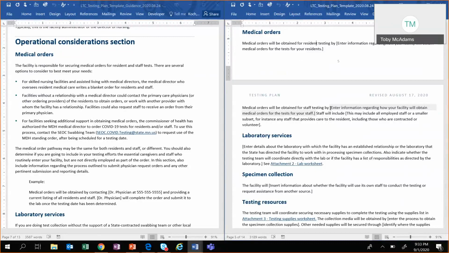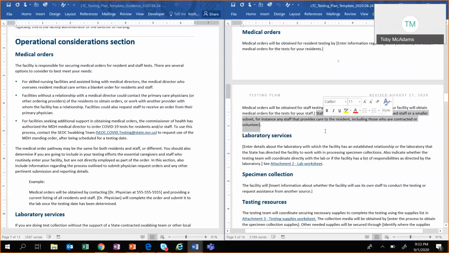Now, the additional piece that is included in this section is the definition of staff. So we indicate here staff will include who. So who are you going to cover with obtaining medical orders in regards to your staff? Are you covering all staff? Are you covering only full-time staff?